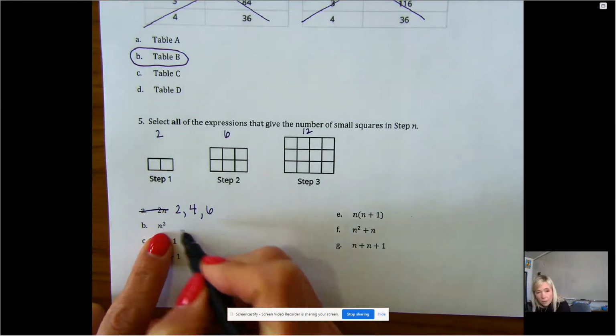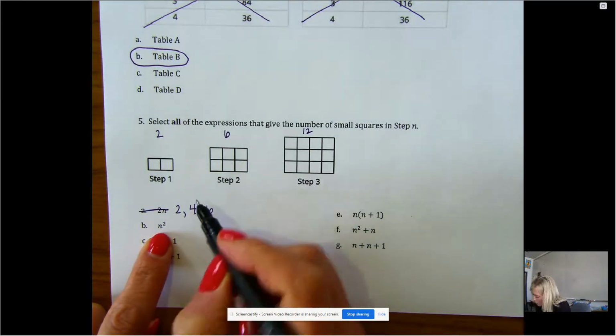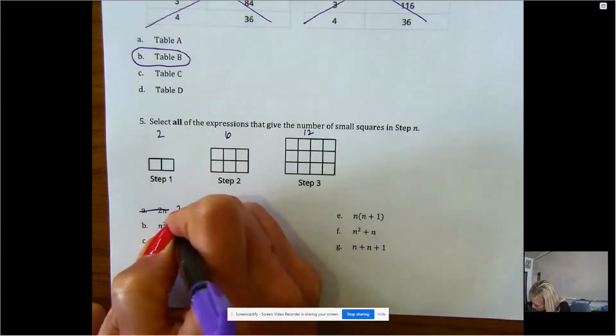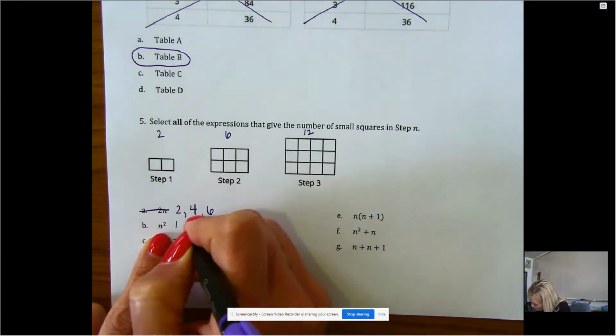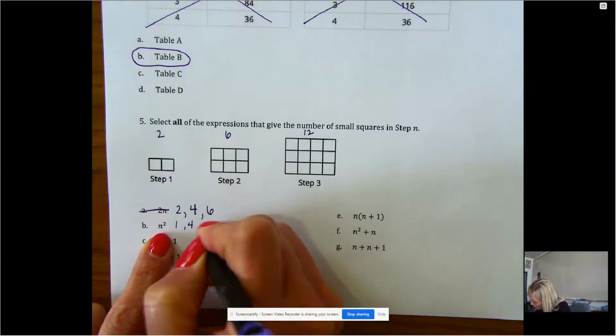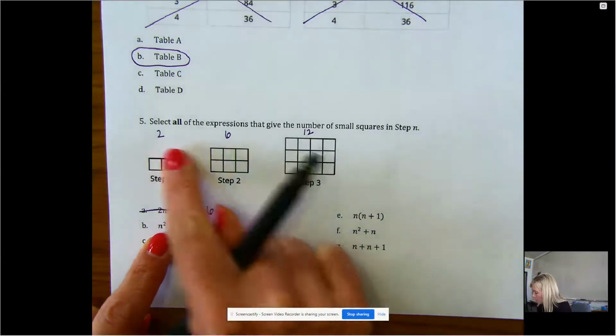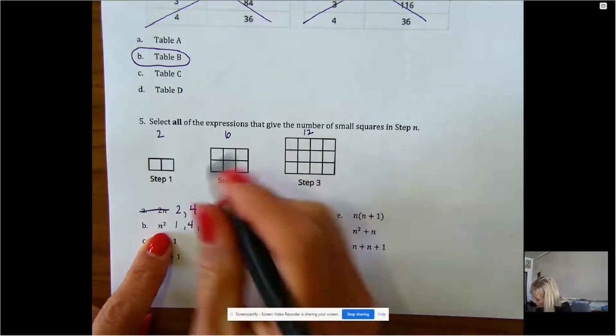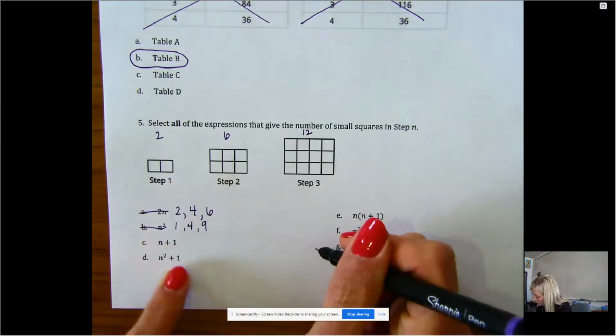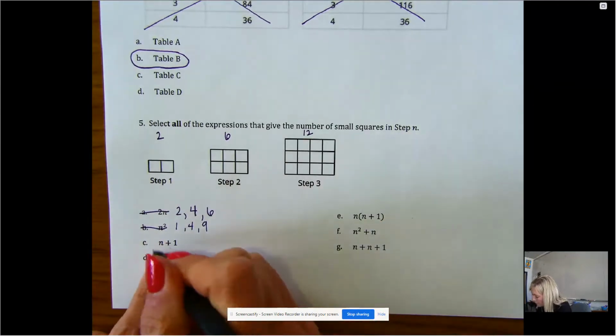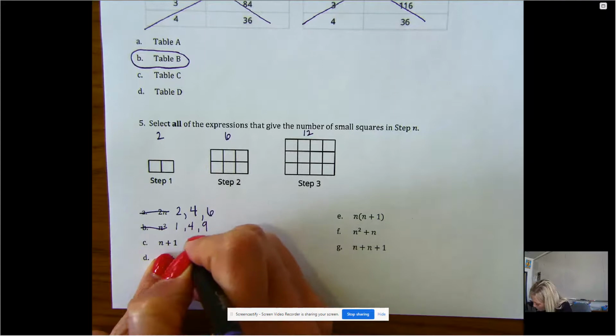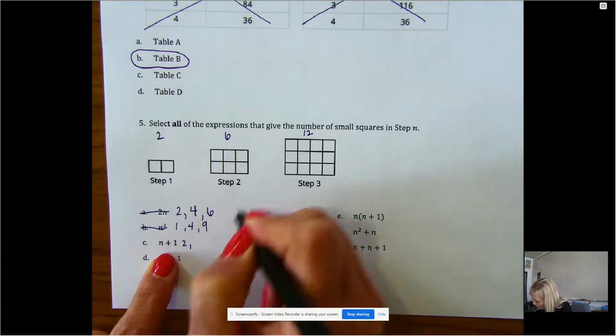Next one is n squared. Well, 1 squared is 1, 2 squared is 4, and 3 squared is 9. That also doesn't match up with the numbers up there, so not B. C, n plus 1. 1 plus 1 is 2, so it works for the first one.